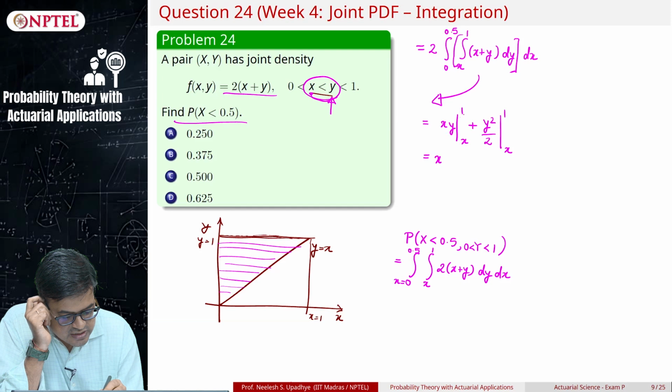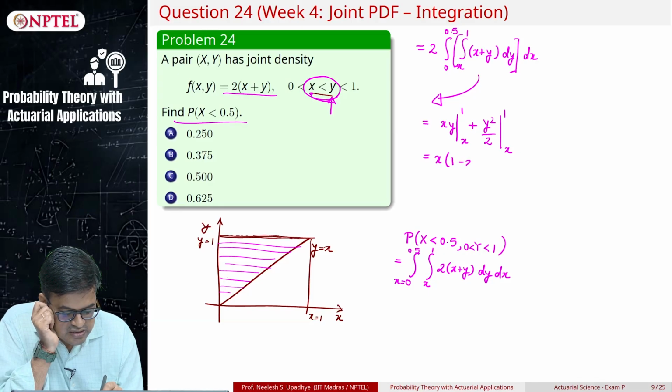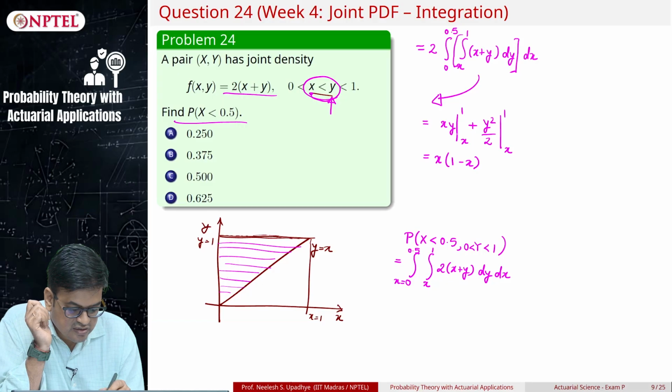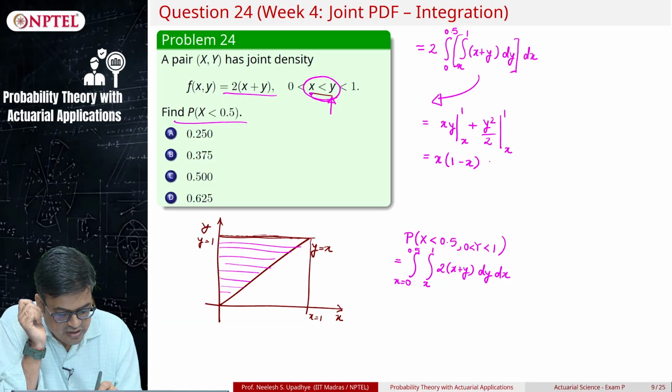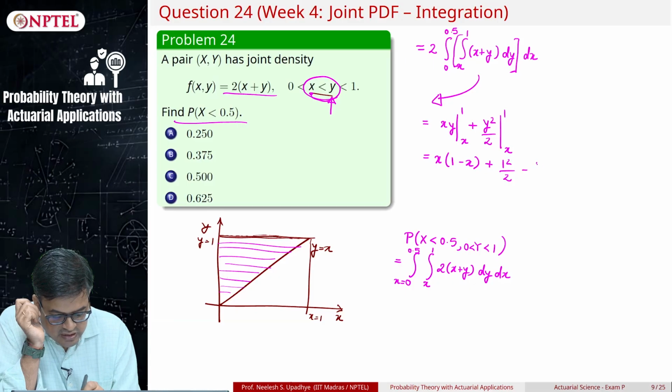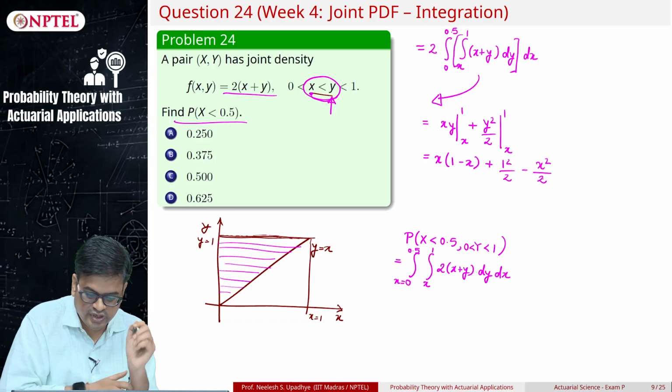So, what is the solution? x will remain as it is. If you substitute 1 here, this remains 1, and minus x, 1 minus x, okay, plus y square will become 1 square by 2 minus x square by 2, okay.